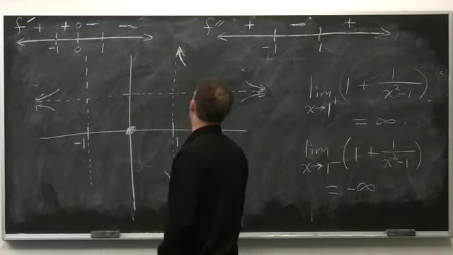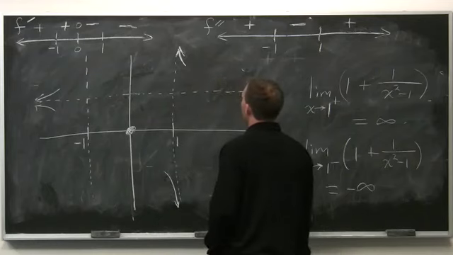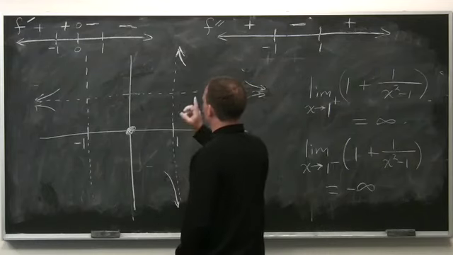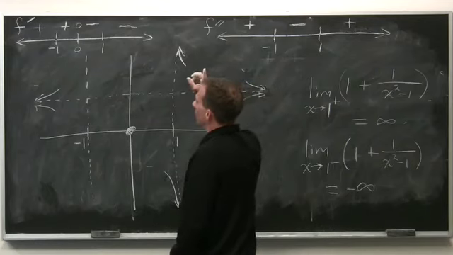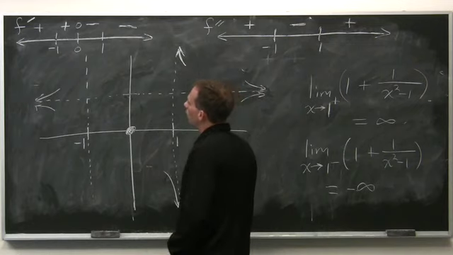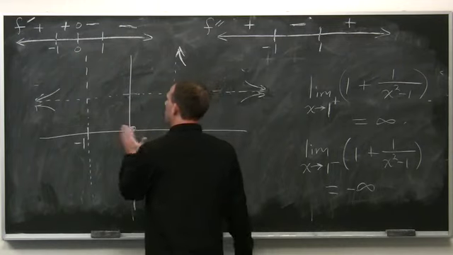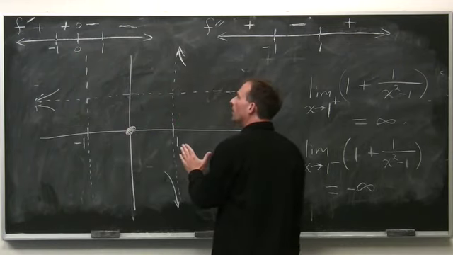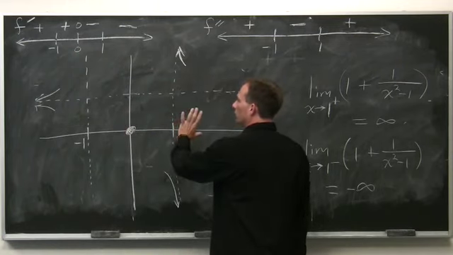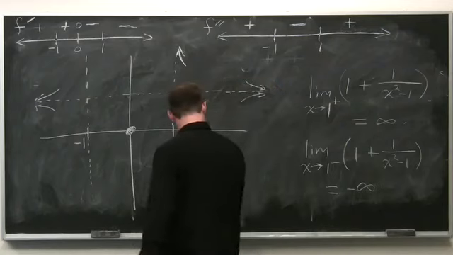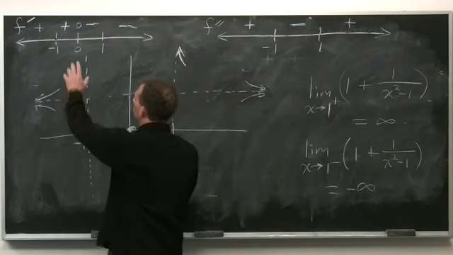Can we graph this now? Well, I sure hope so. So what happens? Let's look at between, I'm only going to do this for positive x's, and then we'll use symmetry to get the other half of the graph. So what did we see here?